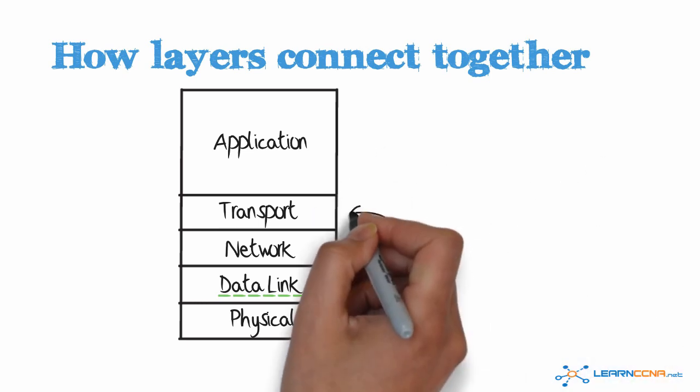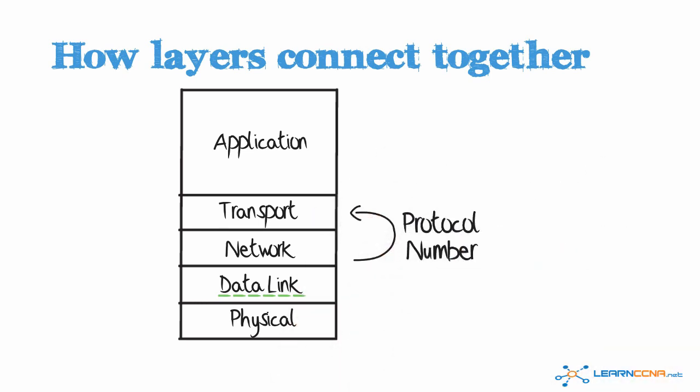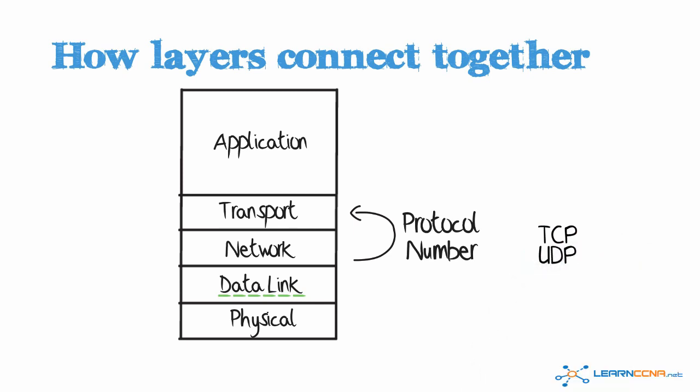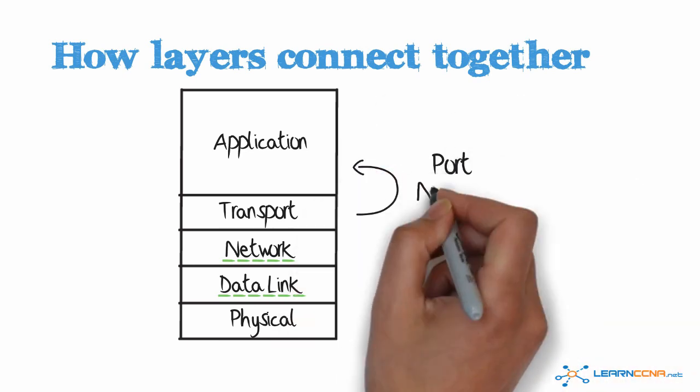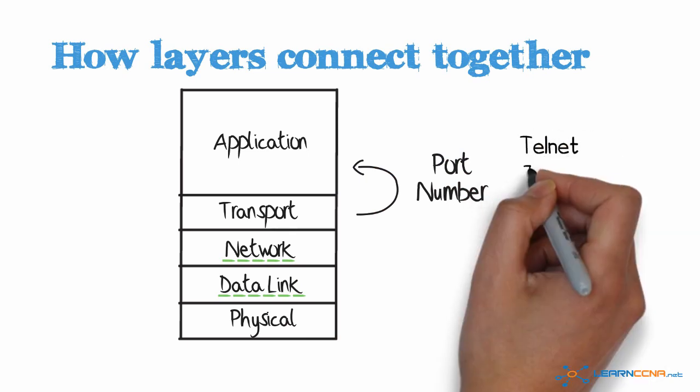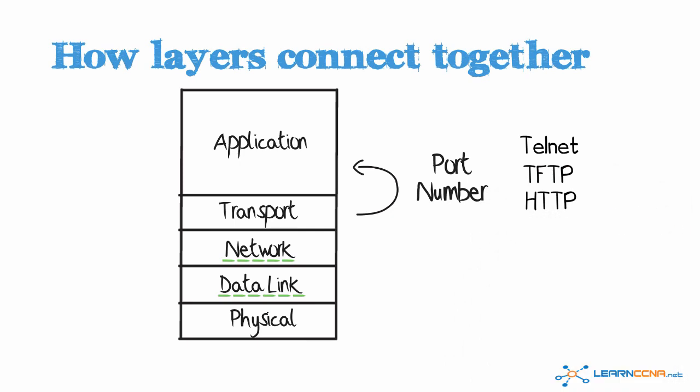At layer 3, the protocol number informs the device which protocol is running at layer 4. The two most common protocols are TCP and UDP. So at the network layer, the protocol field specifies the layer 4 protocol, and at layer 4, the port number specifies the application that's being used, which could be Telnet, TFTP, HTTP, and so forth.